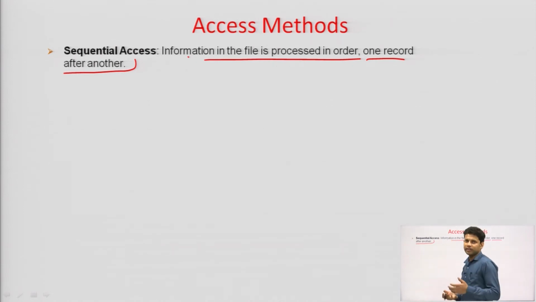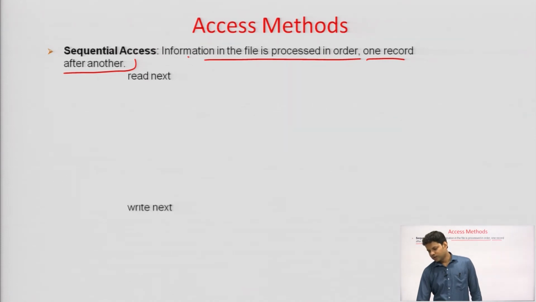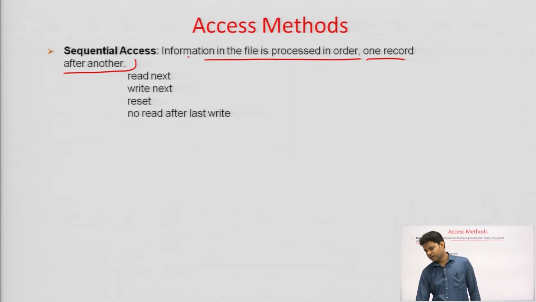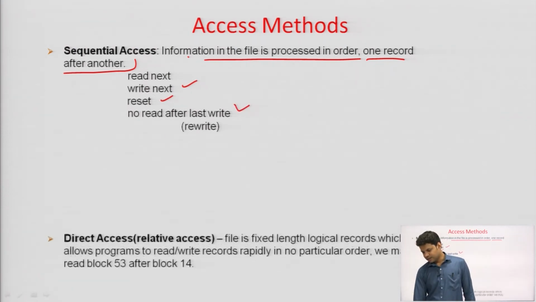Whenever you access the file, you access it in the order in which it is stored: 1, then 2, then 3, then 4, then 5. You cannot directly jump from 1 to 7. A small code snippet: read next, write next, reset, no read after last write, and rewrite.